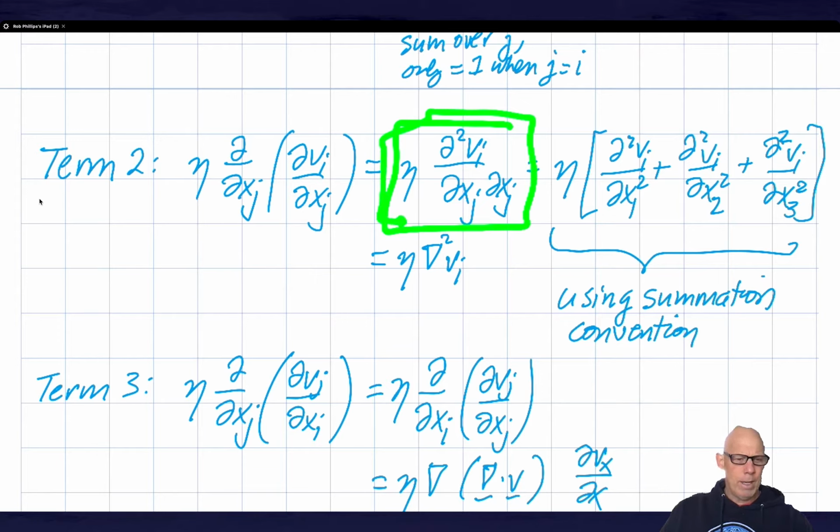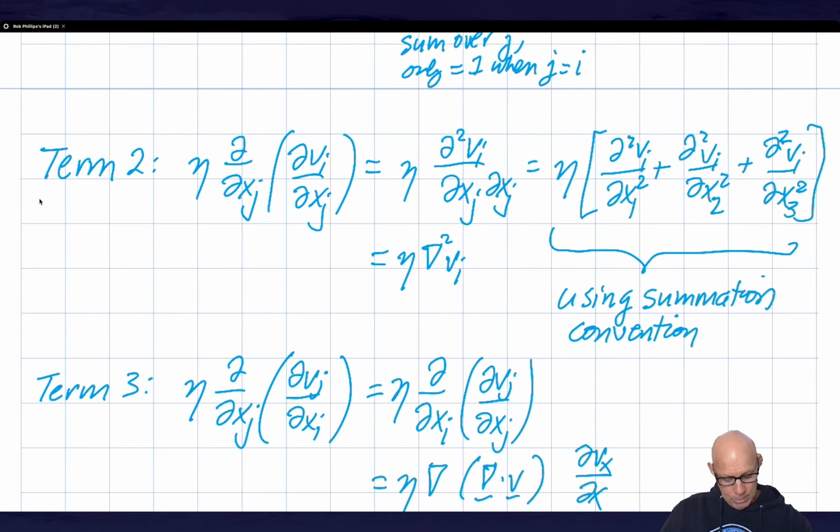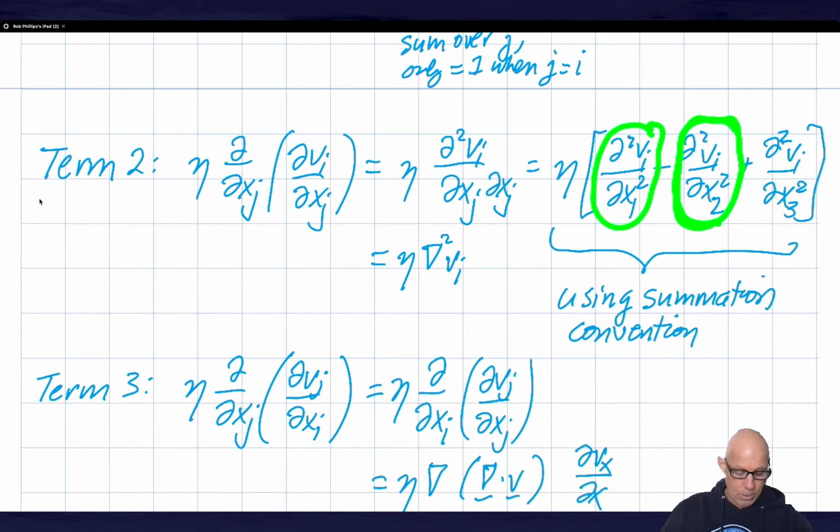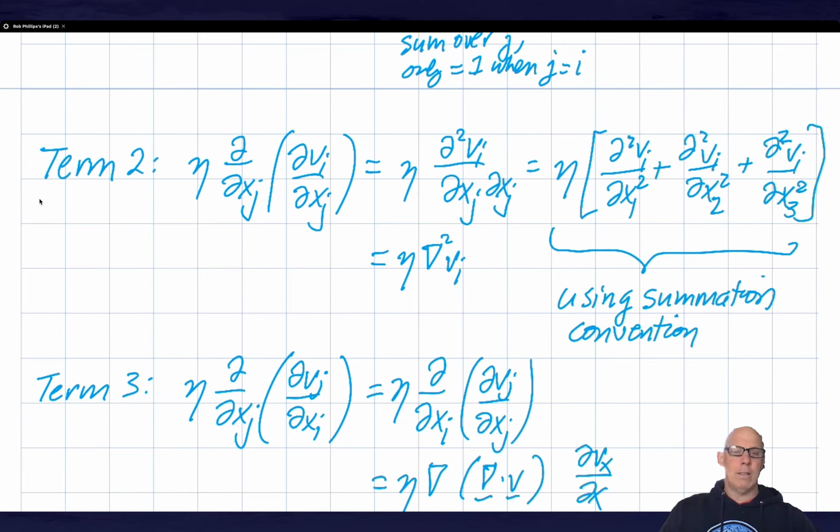The only free index is i, as it should be. I already recognize this as the Laplacian, but let's actually make sure. So let's sum over j. So d squared vi by dx1 squared plus d squared vi by dx2 squared plus d squared vi by dx3 squared. That is the Laplacian of the ith component of the velocity.